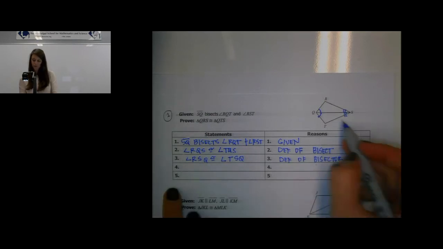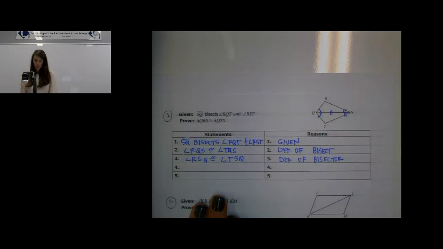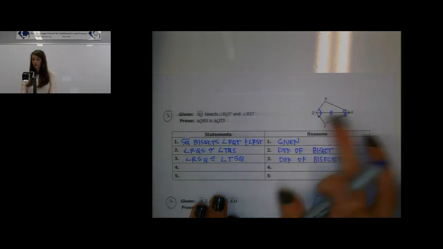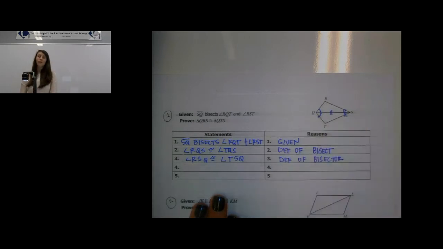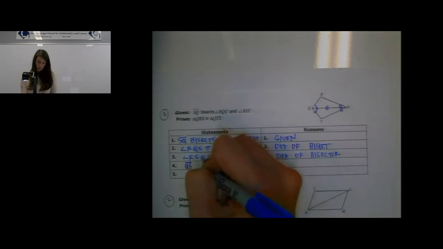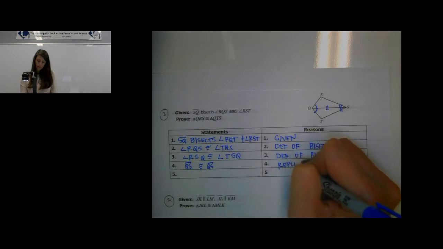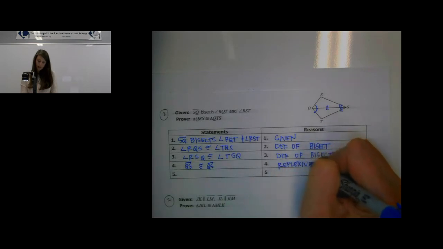Okay, so I've got two angles right here. Well, now what do I have? They share a common side. So I'm going to put two little hashes there, but that means that QS and SQ right there, those are the same measures. So by the reflexive property, QS is going to be congruent to QS. So what do I have now?